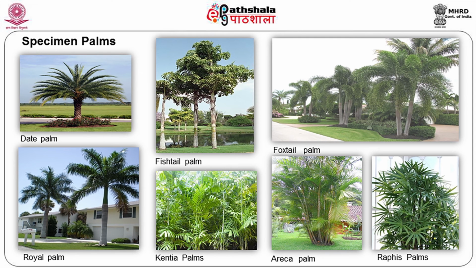Specimen trees are planted to highlight that area. Then palms: date palm, fishtail palm, foxtail palm, Kentia palm, royal palm, Areca palm, Rhapis palm. Different types of palms are used in different locations so that the entire area is highlighted and given a very lush green look.